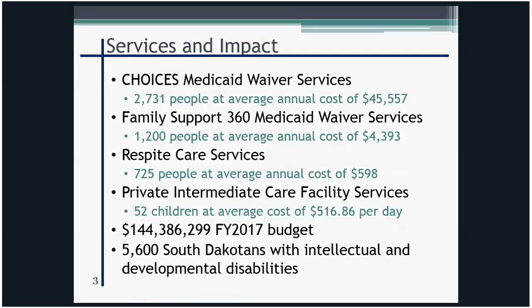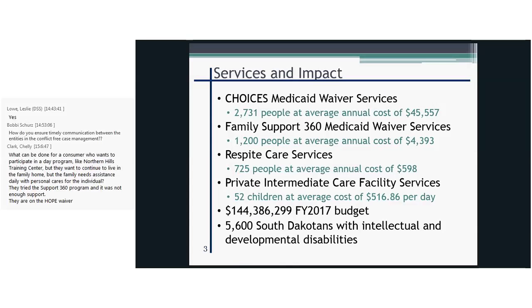Okay. If the person is already on Family Support, they can work through their service coordinator, their Family Support service coordinator. If they're not receiving services through any one of our programs, or if they're on Choices, it looks like they're on our waiver now, but John. Okay. Yeah. Yep.